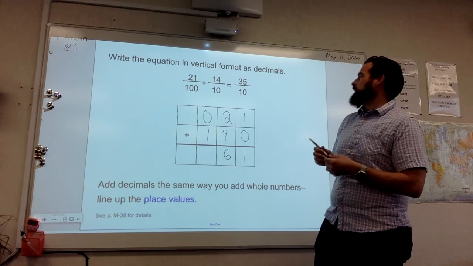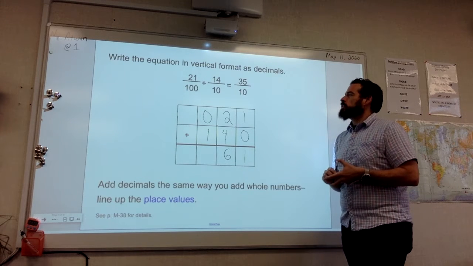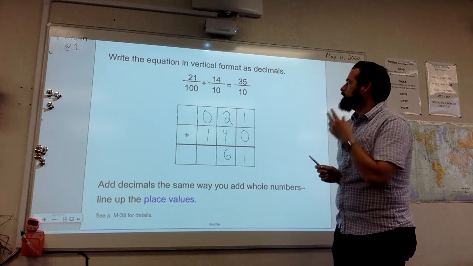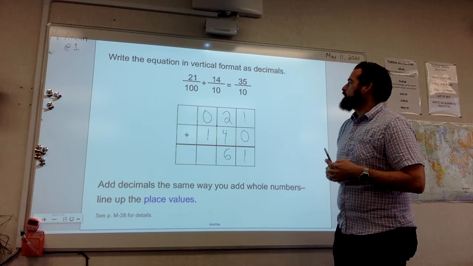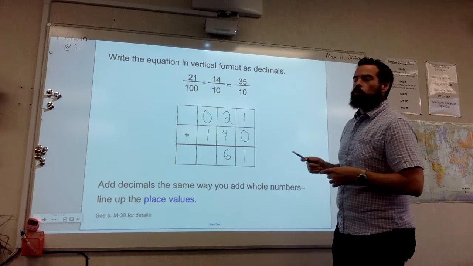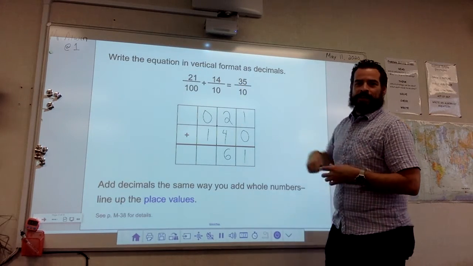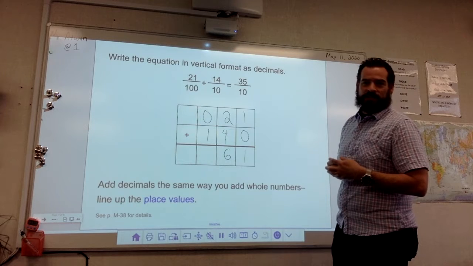You know what, I'm looking at this problem here, and I think that there might be an error here, because what I'm looking at is the numbers that they're giving here, 35 tenths.